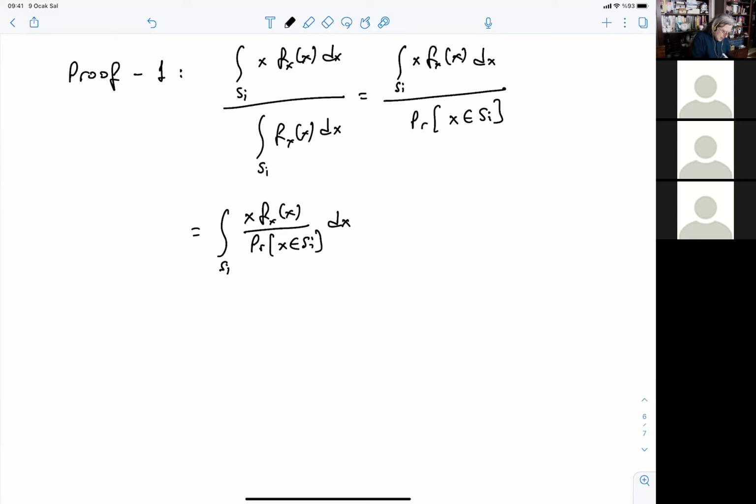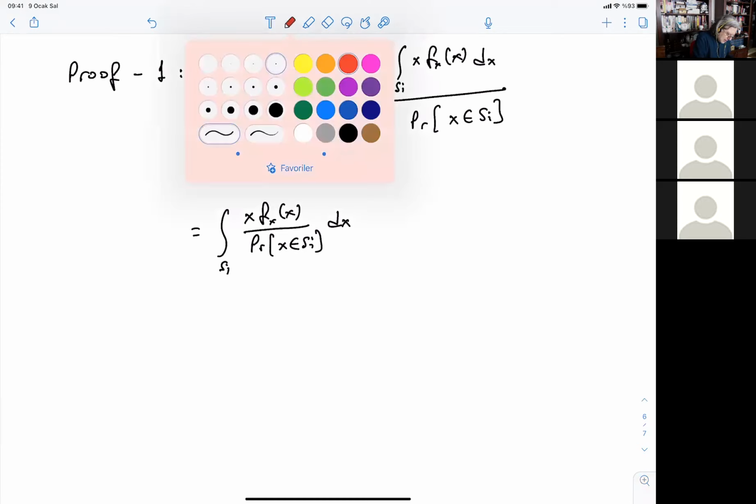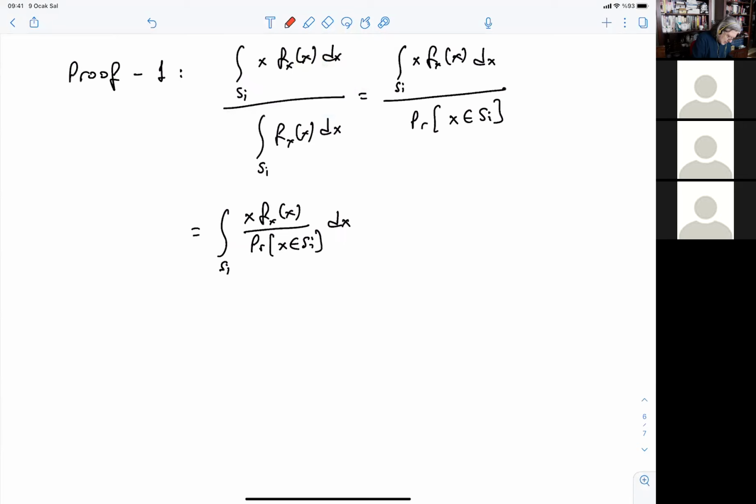And then I can see this part, fx of x, the probability density function, divided by the probability of x inside Si, is essentially the definition of fx of x such that x is inside Si.